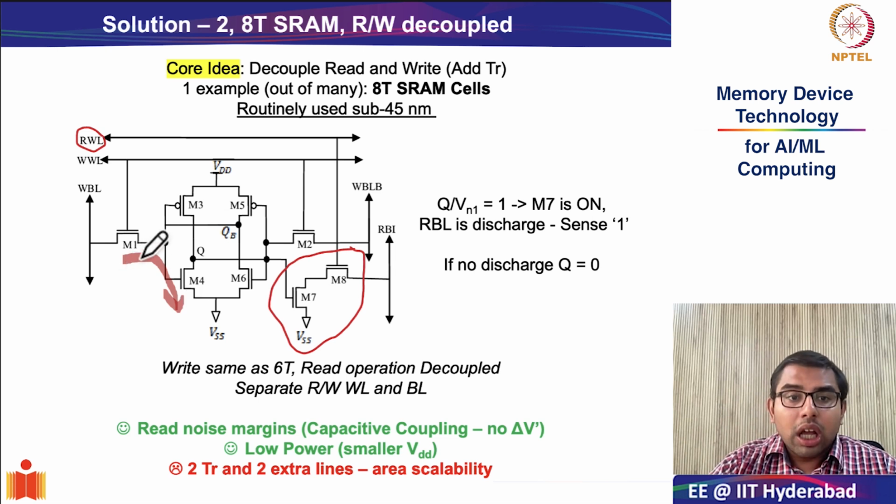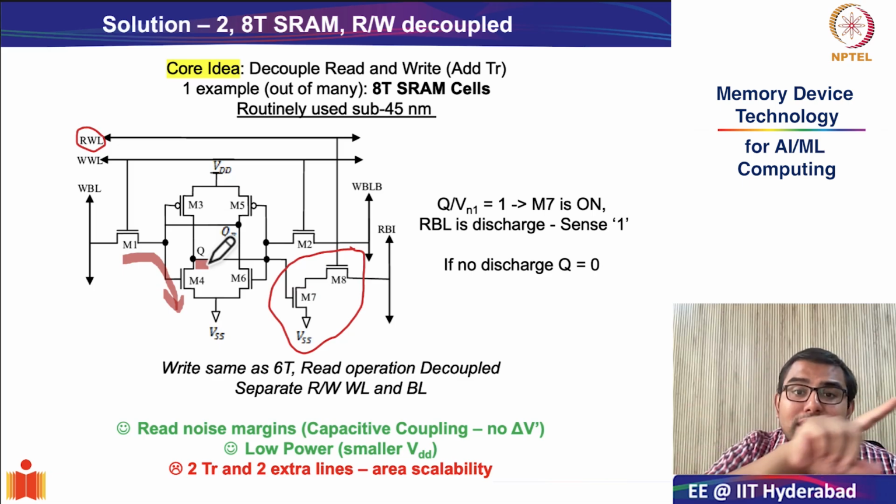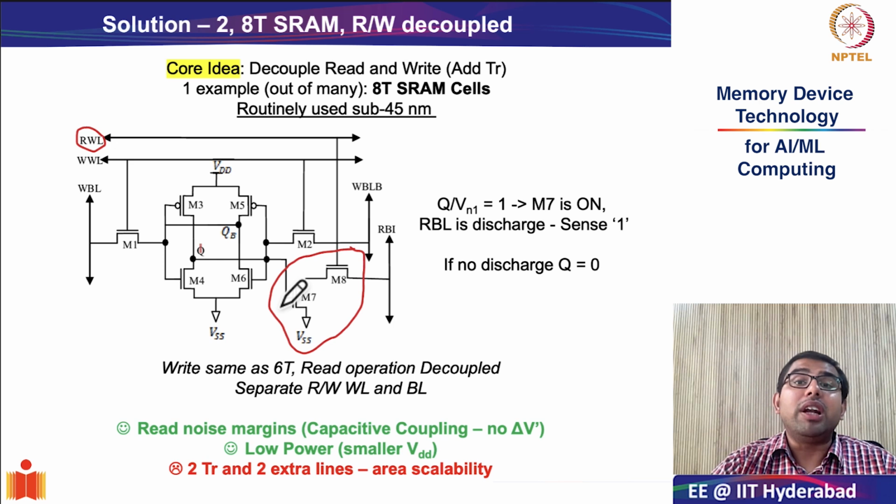And the flowing of this read current caused an internal disturbance to the value at the internal node Q. Now, this resistive read current has been completely removed in the new structure, because Q has been capacitively coupled to the gate of the M7 transistor.